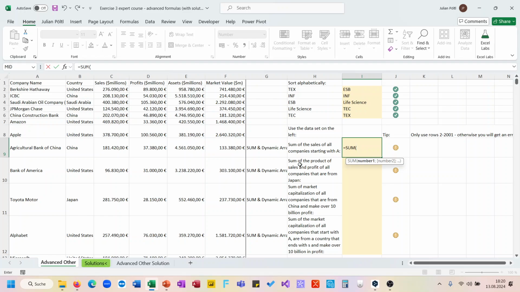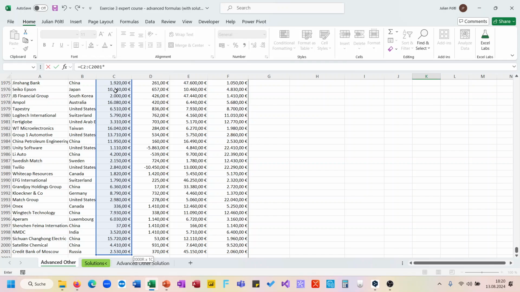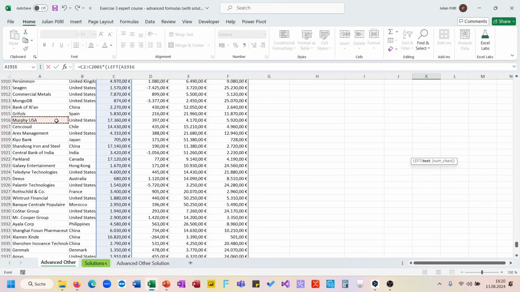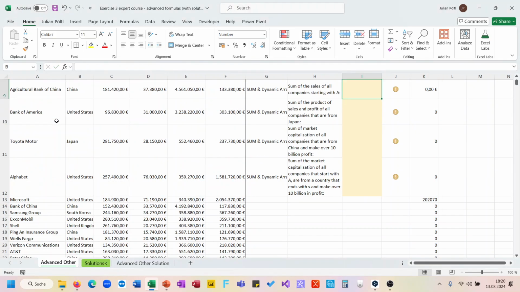So here we should sum up the sales of our companies starting with A. So we show it to you. Here: sales multiplied with LEFT of company name equals C. Close all the brackets here.